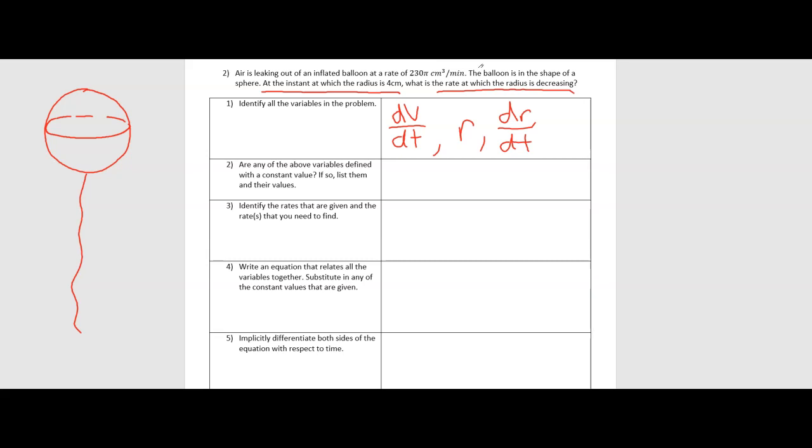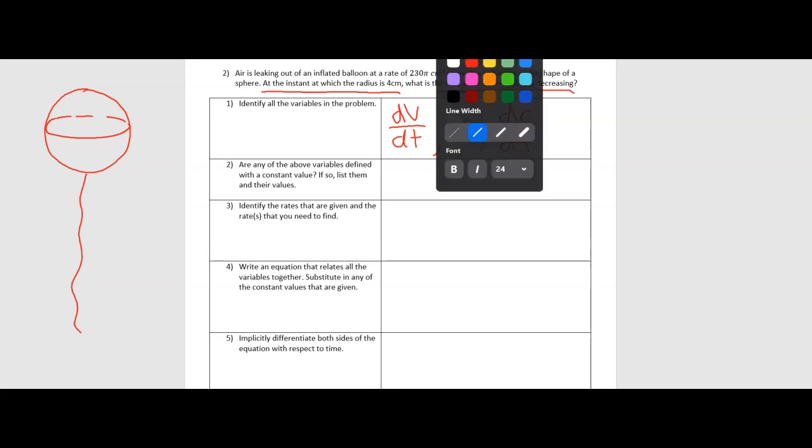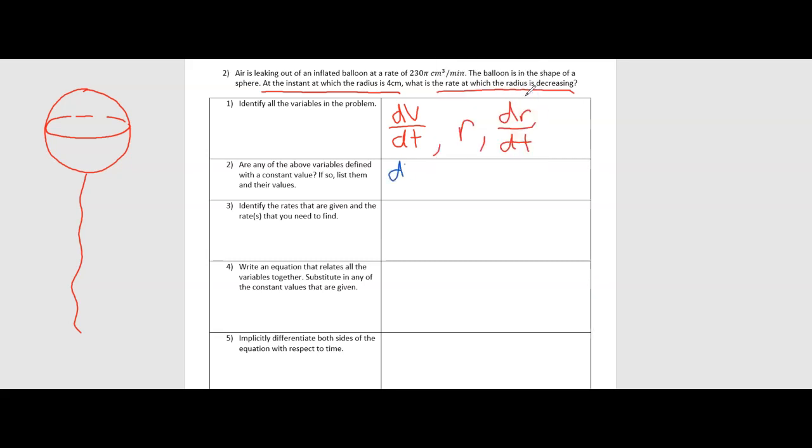One of these is defined with a constant value. That is dV/dt. It's actually going to be negative because air is leaking out. So the volume is decreasing if air is leaking out, which means the derivative is going to be negative 230 pi.